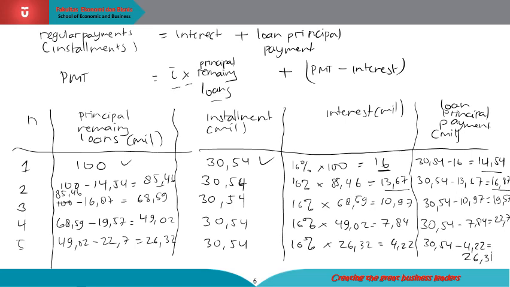So you see here that the loan principal payment at the end is already the same as the principal remaining loan.